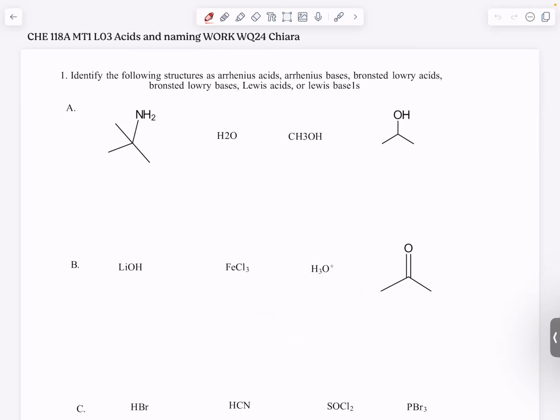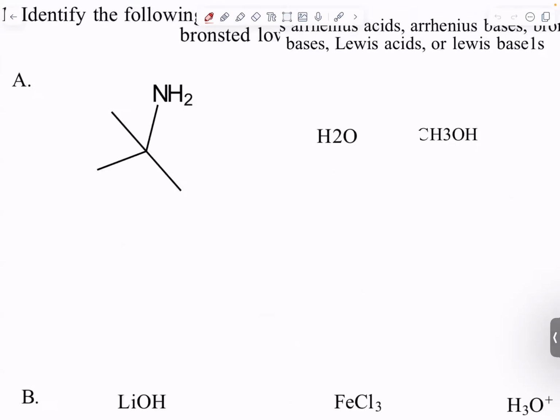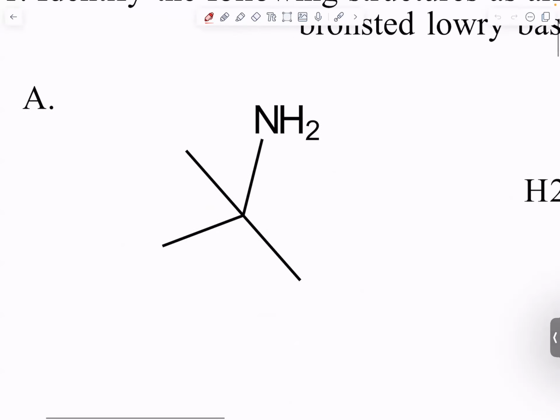Basically we're trying to identify if it's a Lewis acid or Lewis base, and then we move on to the next one. So I know that the nitrogen has two H's attached, which means it's going to have one lone pair. And that lone pair is going to tend to donate. So I would argue it's a Lewis base slash nucleophile.